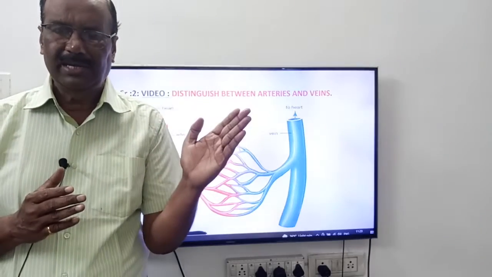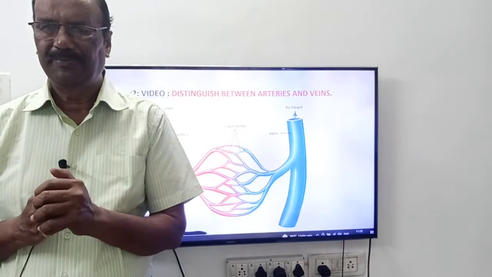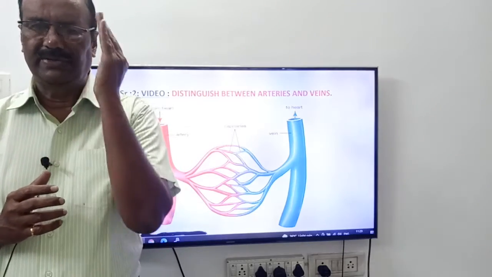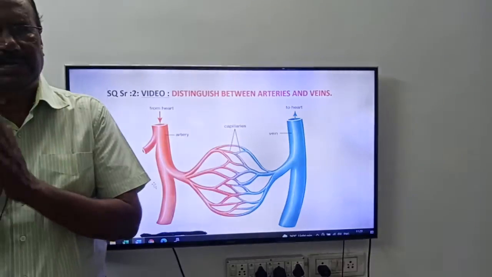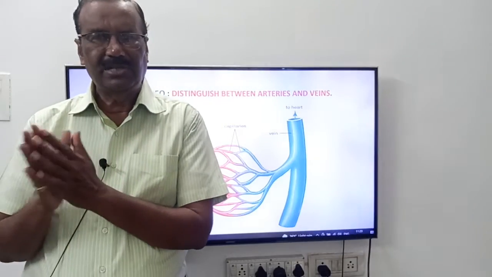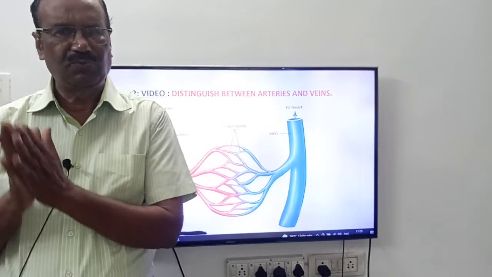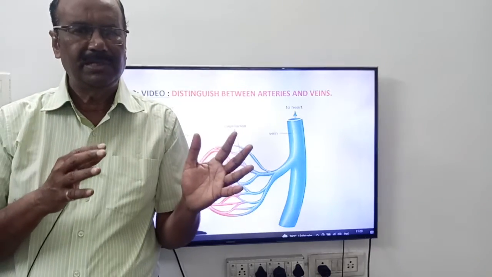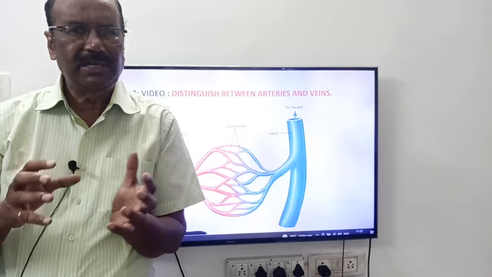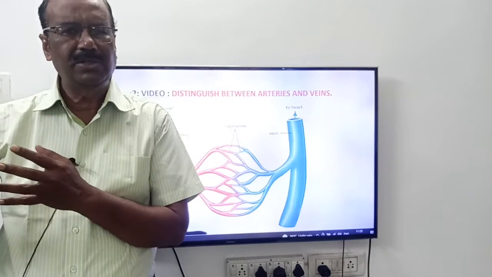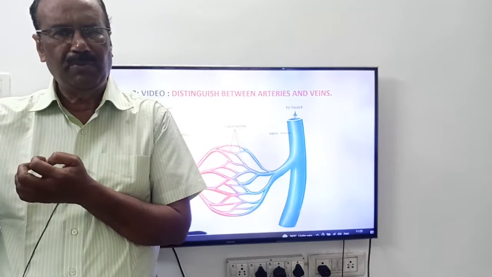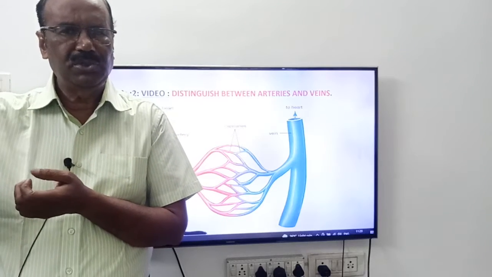Arteries split into arterioles, arterioles split into capillaries, capillaries fuse to form venules, venules fuse to form veins.